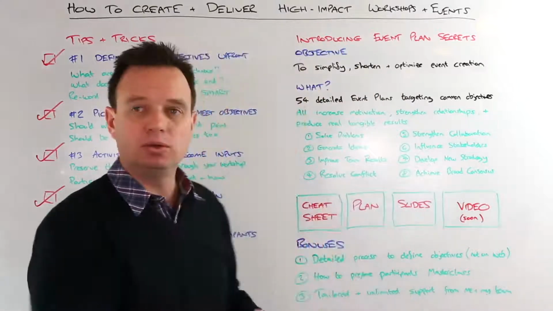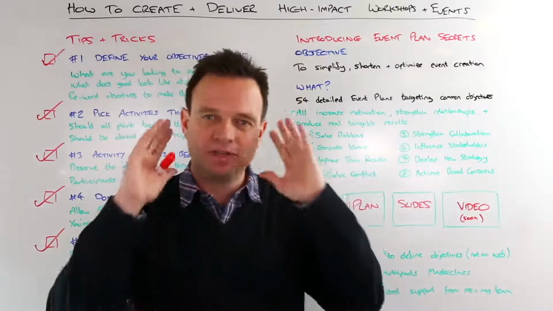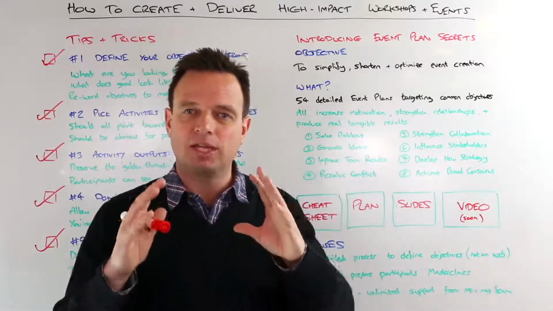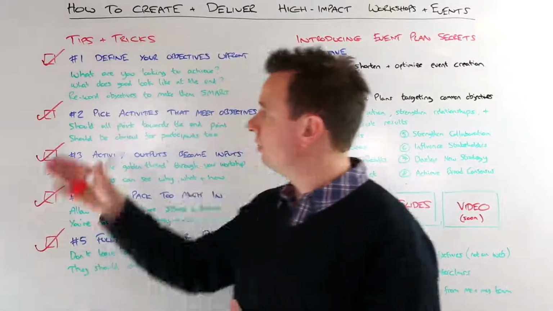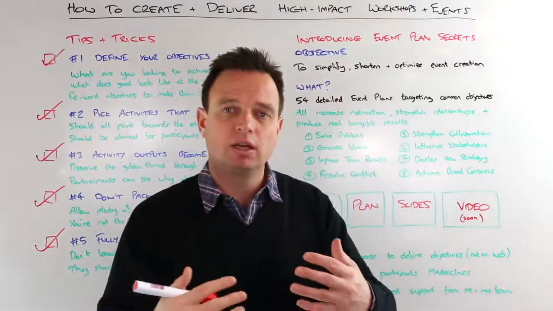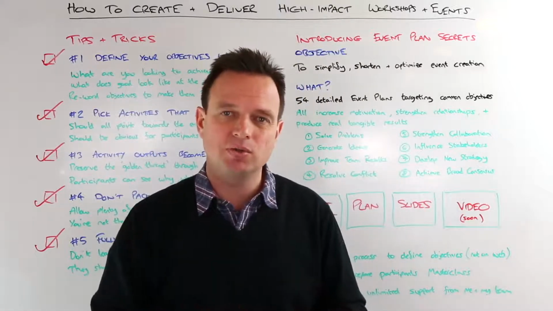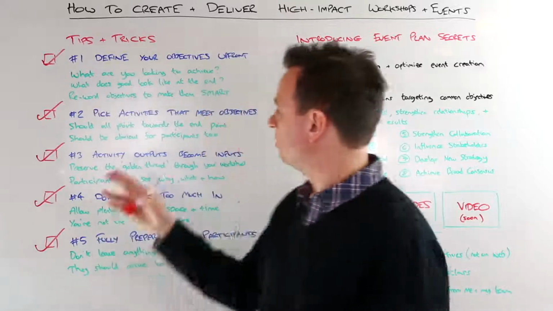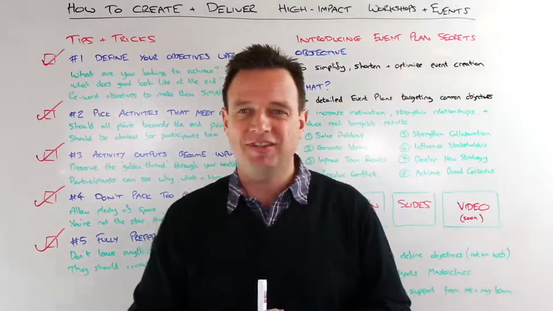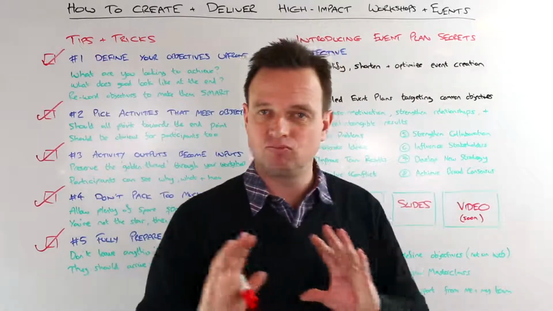But I have included it in Event Plan Secrets, and it's an excellent visioning exercise to help get you and your team, if you've got some of the participants together in a pre-workshop, to define exactly what objectives you're looking to achieve. Run this process with them, and out will pop your SMART objectives at the end to allow you to go into the design phase really smoothly.